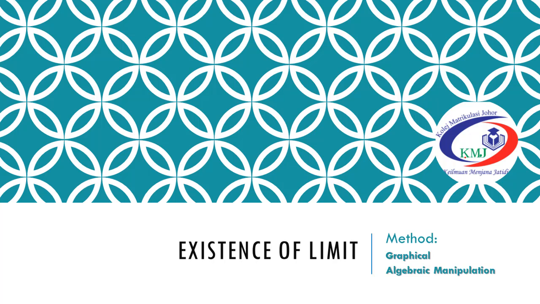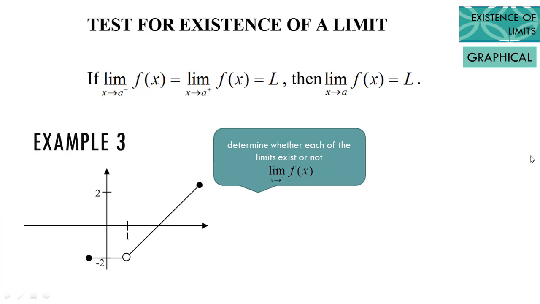So the proper method to figure out the existence of a limit, we can start from the graphical method. From example 3, we need to figure out the left side limit from the diagram. From the diagram, we found that there is a horizontal line y equal to -2 when x approaches 1 from the left.